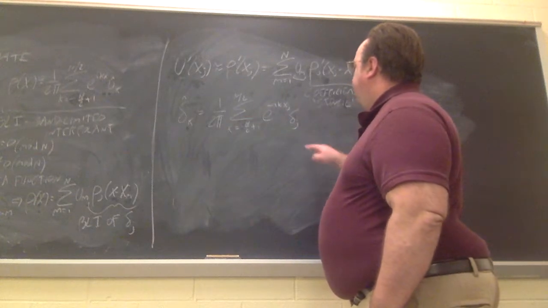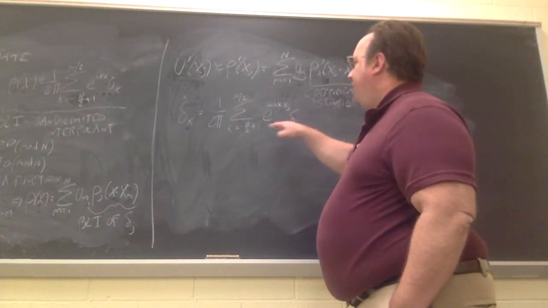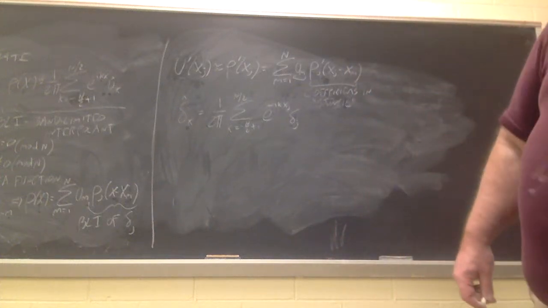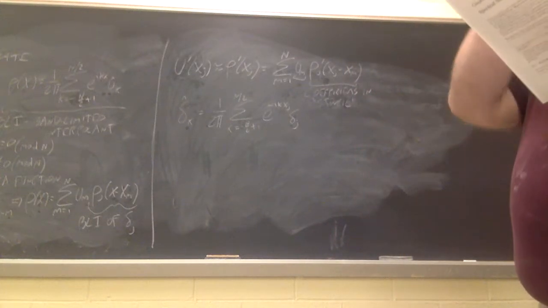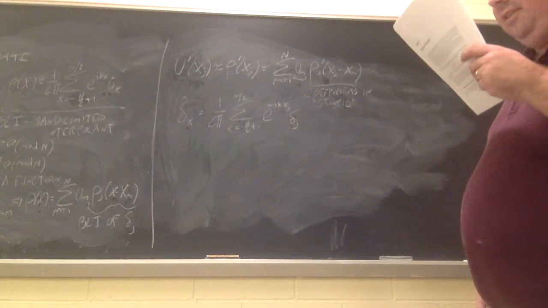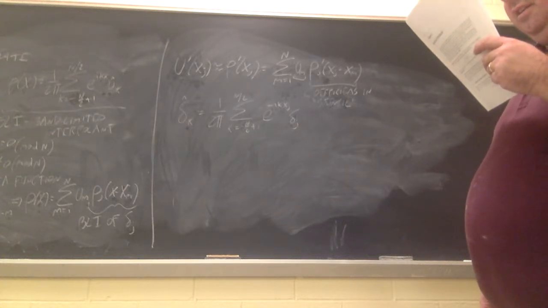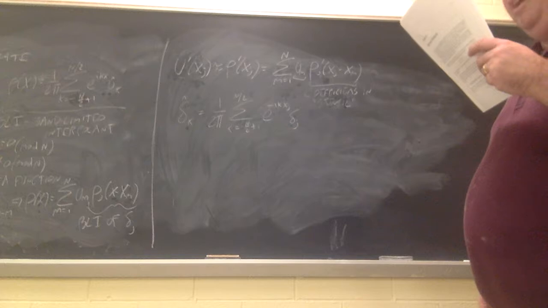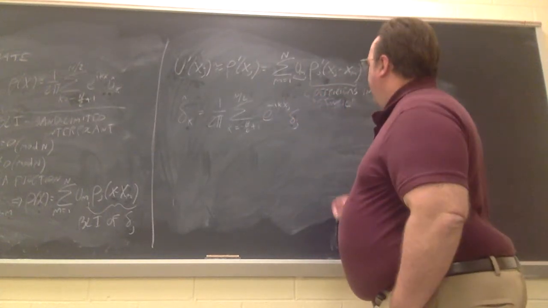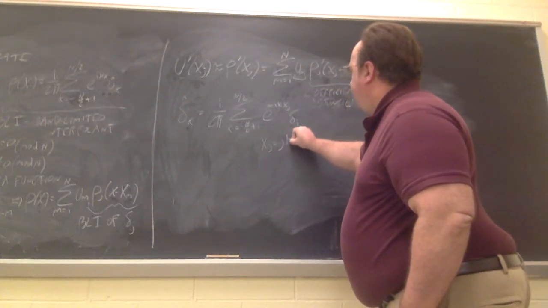But now I can evaluate this because this is 0, except when j is equal to 0. So something seems off here. Because xj is equal to j times h.